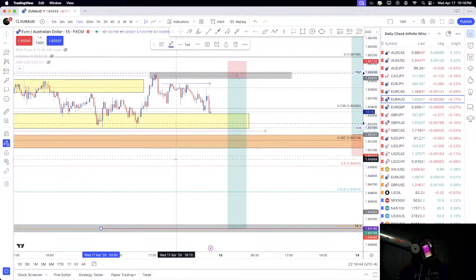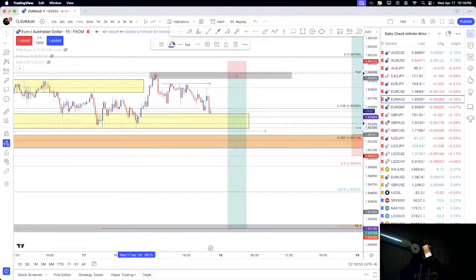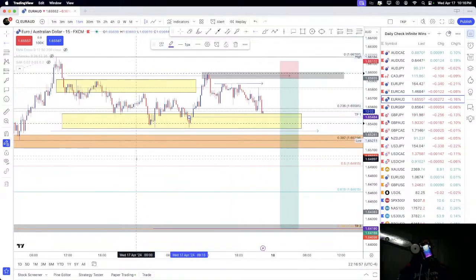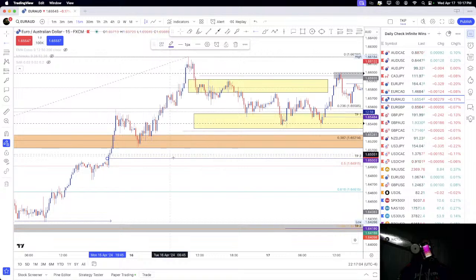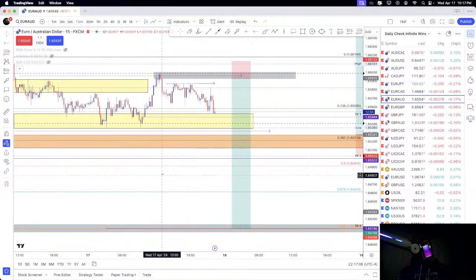TP3. TP1 will be right here. TP2, let's see what's above the 50. Little gap.